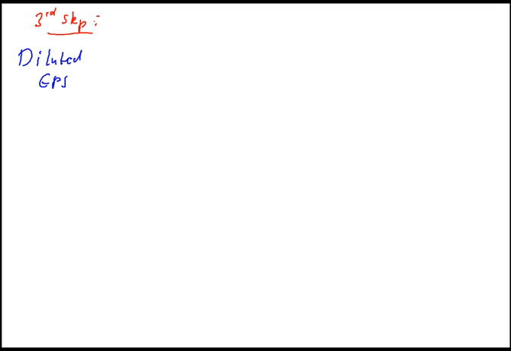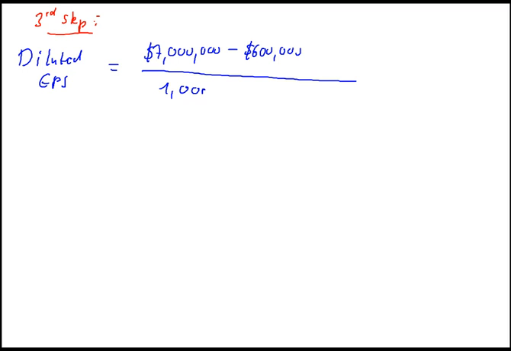And first, for our calculation, we include basic EPS. Well, we know basic EPS is net income of $7 million. We are deducting from it the preferred dividend payment of $600,000, and we are dividing that by 1 million common shares on average outstanding over the year. We agree that's basic EPS. Next, we have to include our convertible bond.